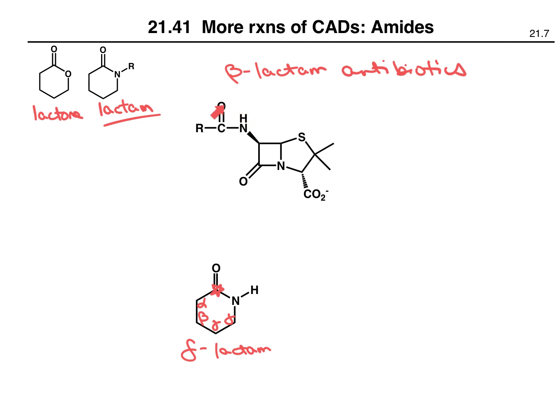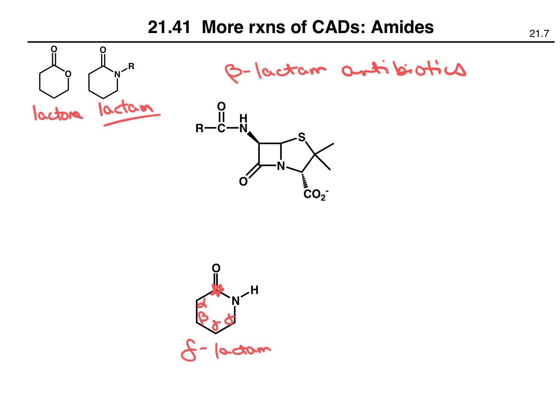Notice we also have an amide over here. So like most amides, this is not very reactive. Beta lactam, it's not reactive because it's an amide, but this is highly strained. A four-membered ring is going to be highly strained. So a beta lactam is reactive.